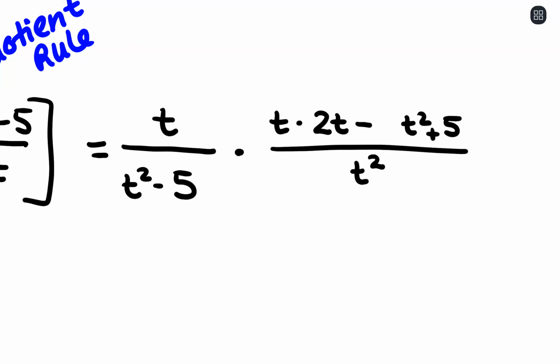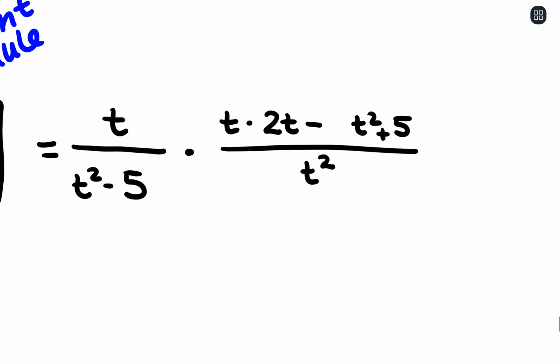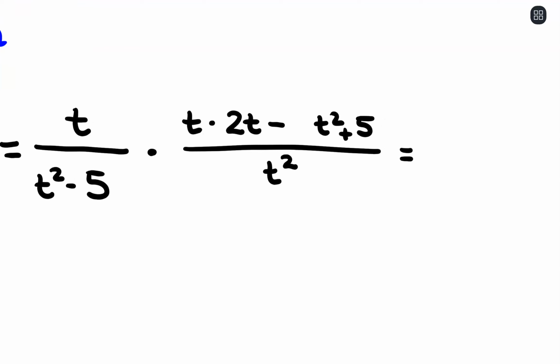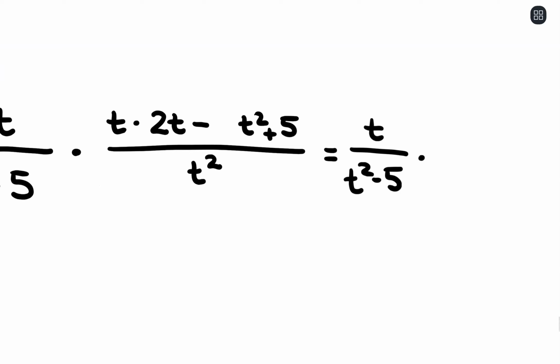And let's see what we can simplify. So let's keep these separated for now. So we're going to have t over t squared minus 5 times, and let's see, this is a 2t squared, but then we're subtracting t squared. So really we just have 1t squared plus 5 over t squared.